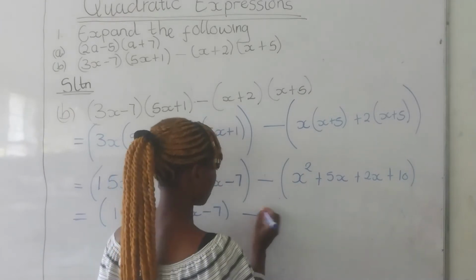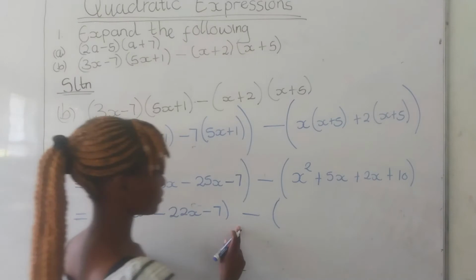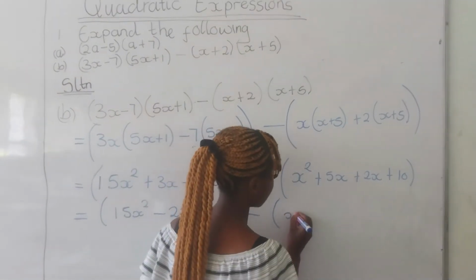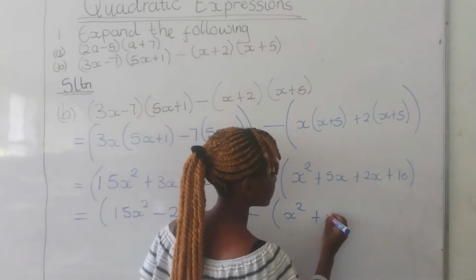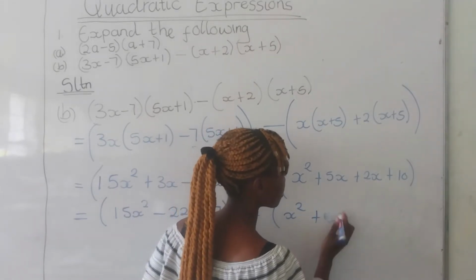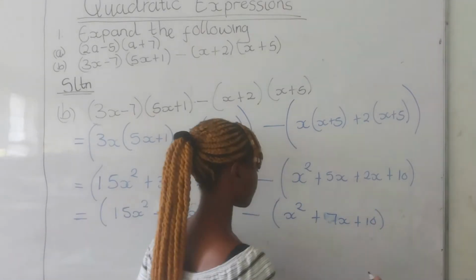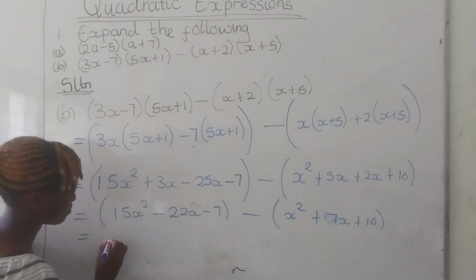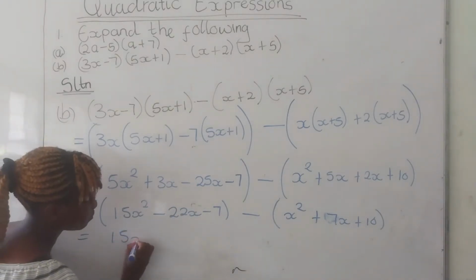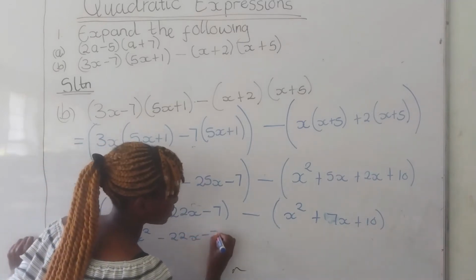Minus, remember that I've put a closing bracket for my first part, minus x squared, 5x plus 2x, we are adding like terms together, plus 10. We continue with simplifying, then we remove brackets. Now it's going to be 15x squared minus 22x minus 7.